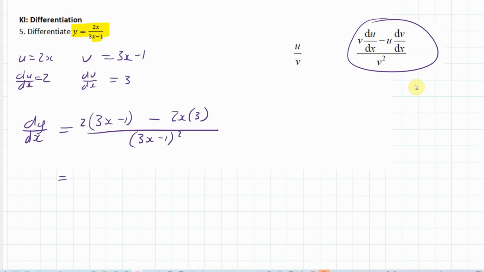Now all we need to do is expand everything out. So we get 6x minus 2 minus 6x all over (3x minus 1) squared. Okay, and now we can simplify even further, and we should get negative 2 over (3x minus 1) squared. And that would be that.